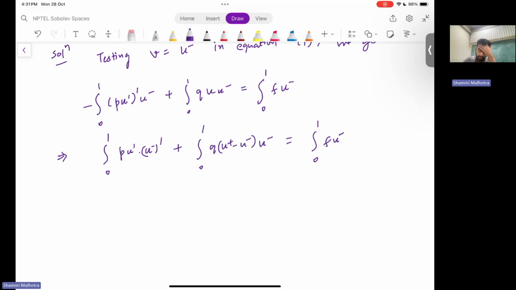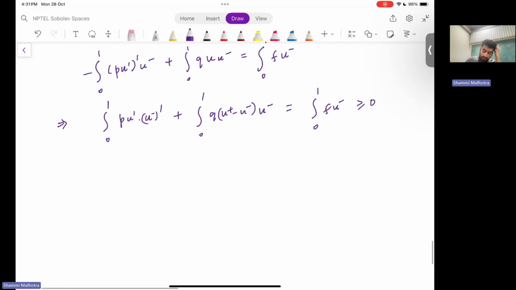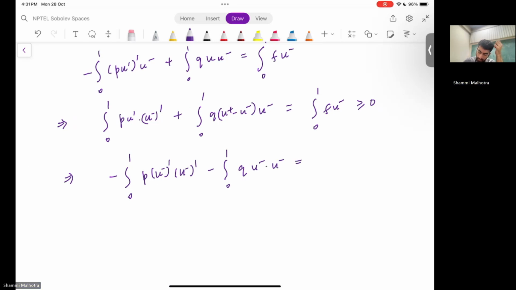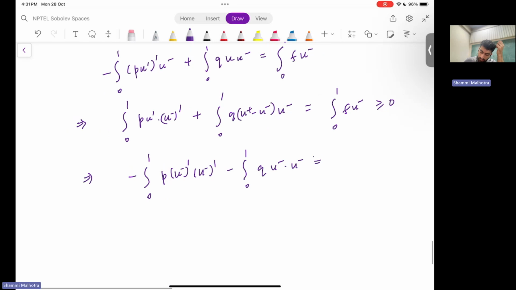And as we know that f is non-negative everywhere, and u minus is also non-negative, this implies this integration is non-negative. This actually implies minus of integration 0 to 1 p u minus dash into u minus dash, just expanding u as u plus minus u minus, plus integration 0 to 1 minus q u minus into u minus, is greater than or equal to 0.